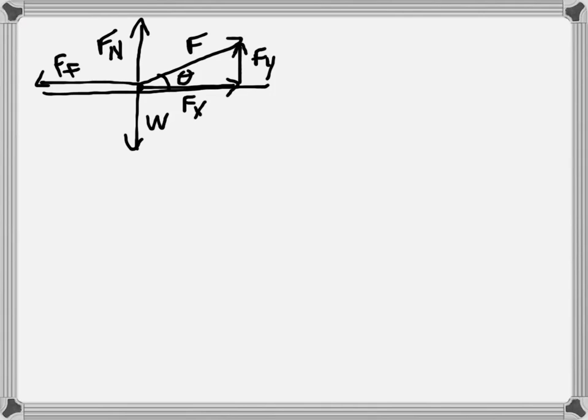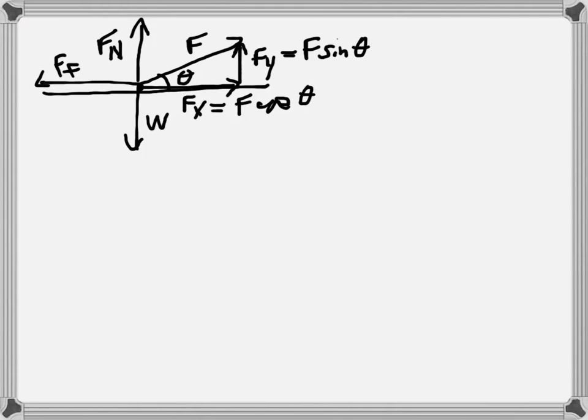And we need to quickly always figure out, resolve this vector into these two vectors. This Fy is the opposite side of the angle, so Fy would be F sine of theta, and the Fx would be F cosine of theta.